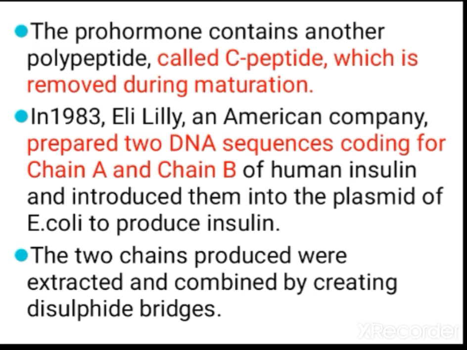Previous to this method, insulin was taken from slaughtered pigs and injected to diabetic patients. But a few were allergic, because the insulin was from pig. So later, after extraction of insulin by the biotechnology method, it was successful.